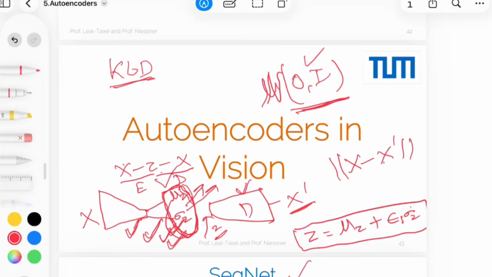What I said is, suppose my training is done and your encoder started to give you the distribution close to the normal distribution. That was the focus. And the decoder is also giving you the image. Now after training, can I generate a new image? Your training is happening based on two losses.